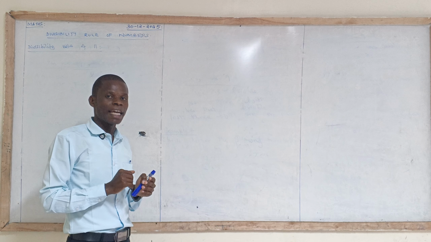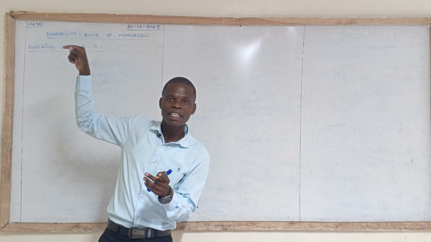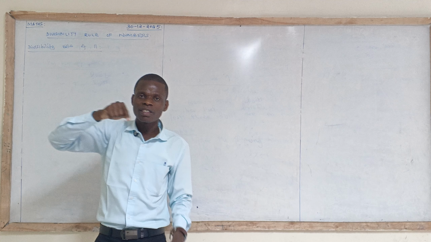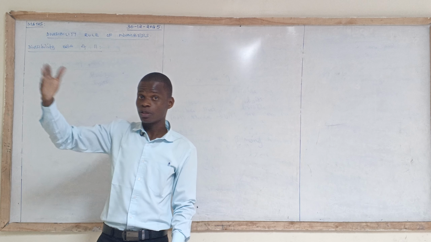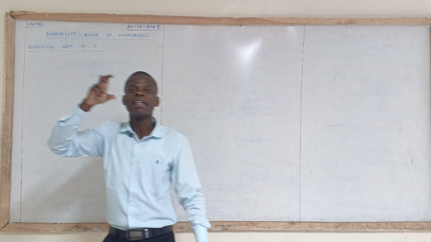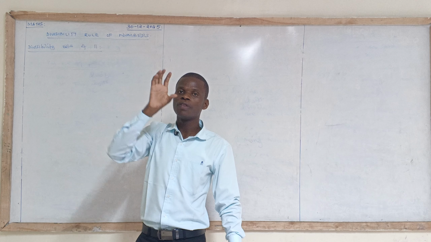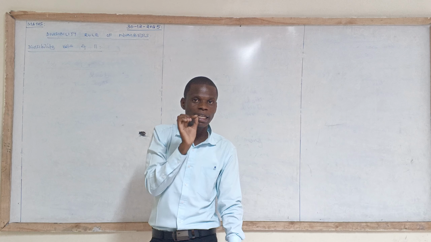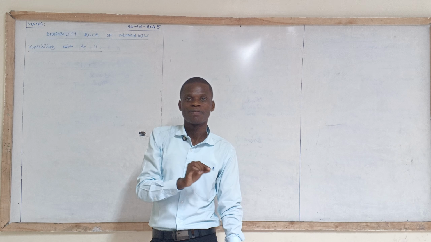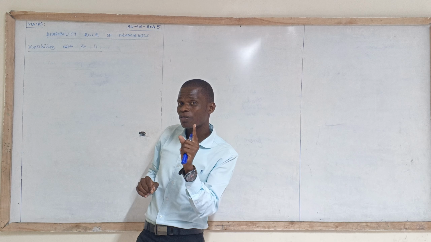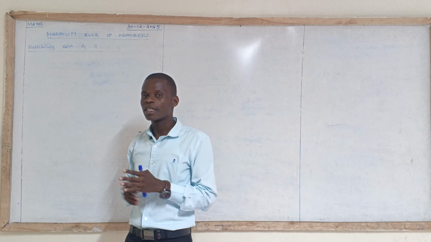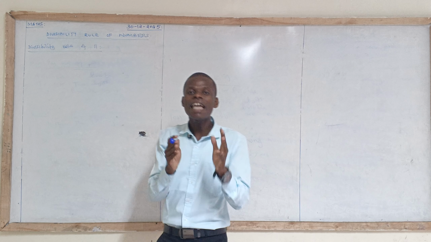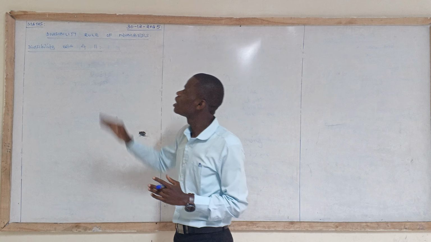Divisibility test of 9 is the same as divisibility test of 3. A number is divisible by 3 if the sum of the digits is divisible by 3. A number is divisible by 9 if the sum of the digits is also divisible by 9. Good. Divisibility test of 10 is very simple. The last digit must be 0.